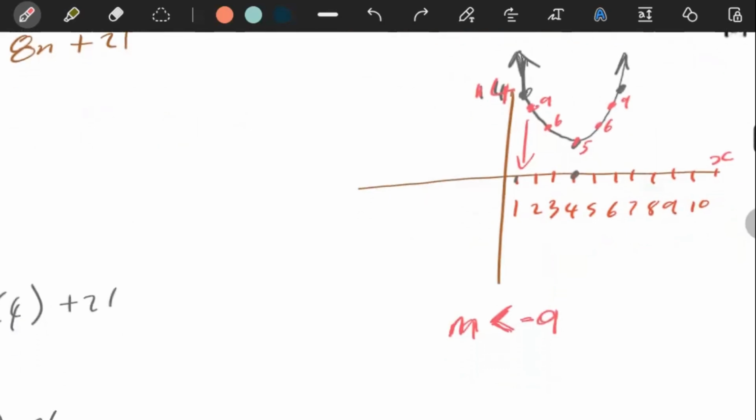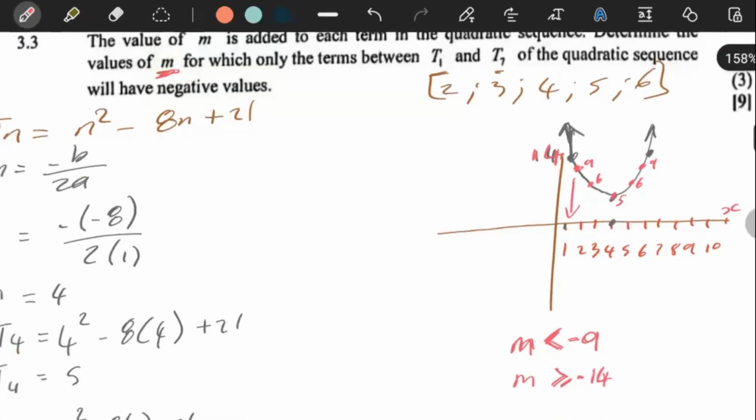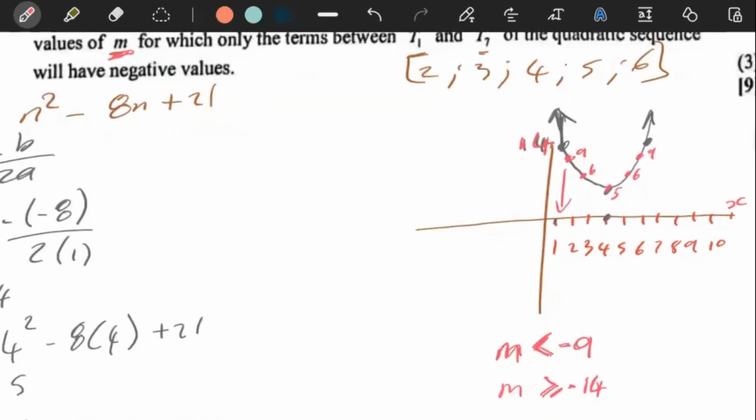So m has to be below -9, but then m has to be above or equal to negative 14, because at exactly 14 units downwards, all these points will be below 0, and then 1 and 7 will be equal to 0. They won't be below 0, so that's still going to be fine. It's only if they were moved more than 14 units downward, then this and that would also be below 0. So this is what you can put as your answer for 3 marks.